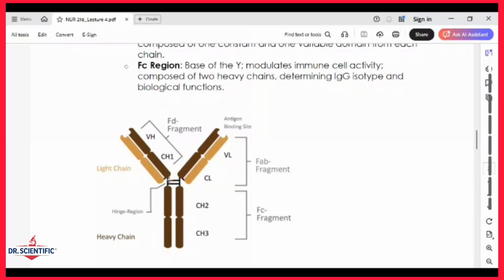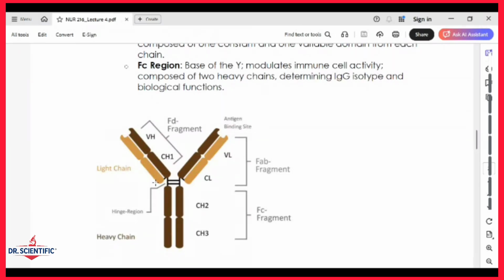So this upper part, the part that is branched, is what we refer to as the Fab region. This is the region where antigen interaction is happening with the antibody. As we said, we have two heavy chains, these that are dark, and we have the two light chains.